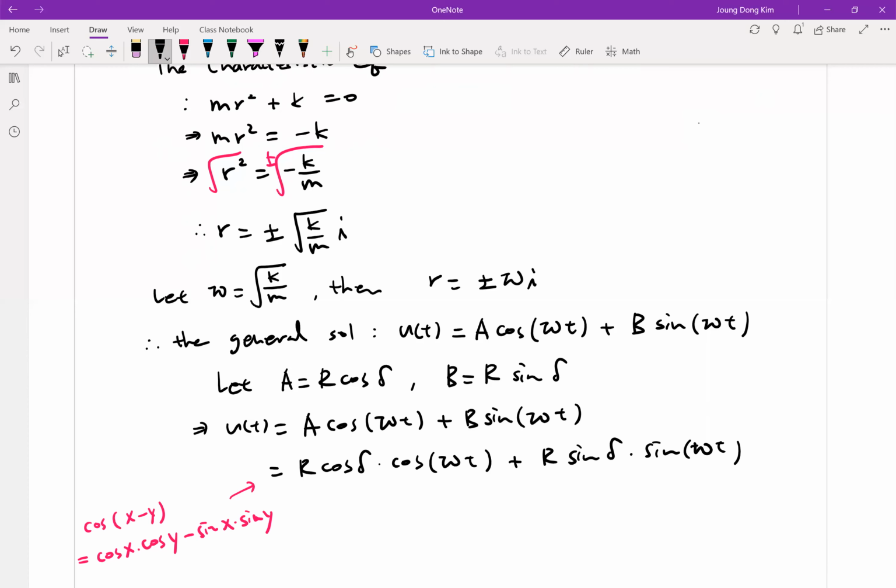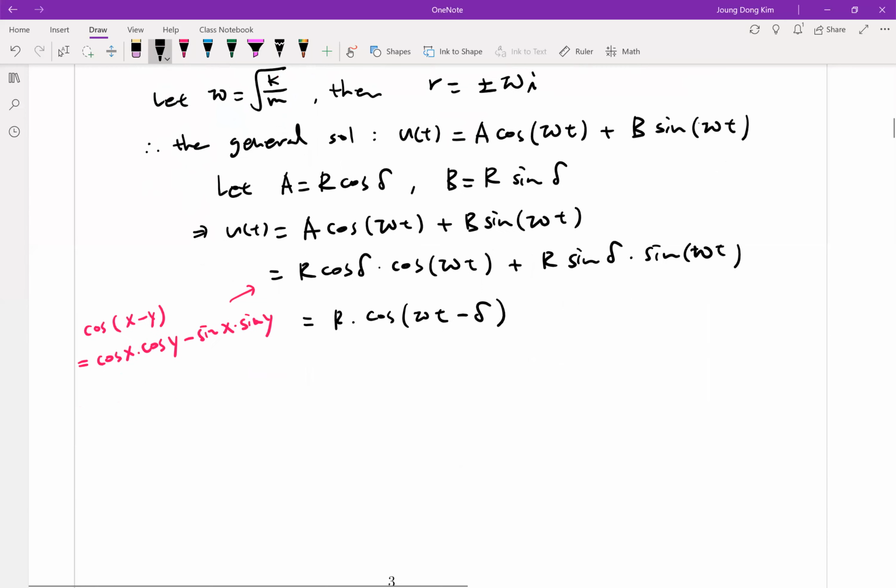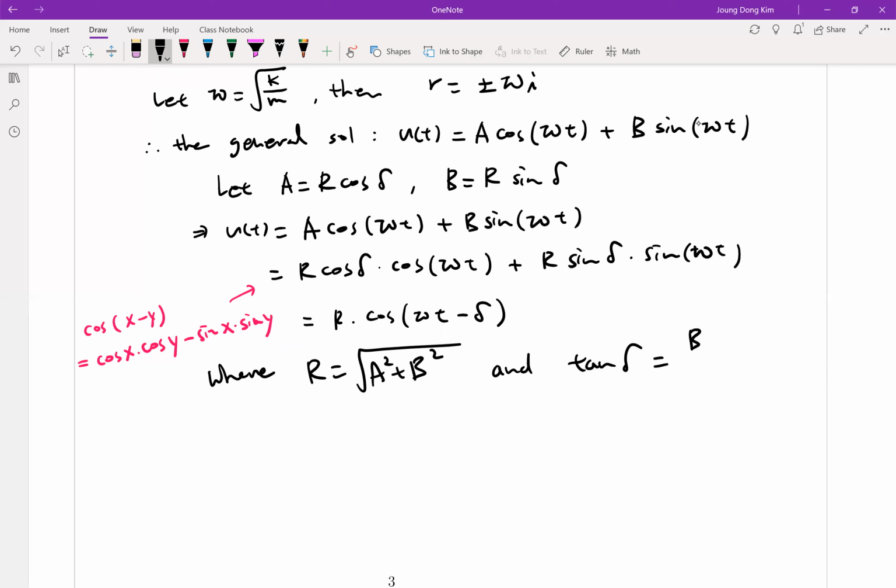When I apply this, it can be written as r times cosine of omega t minus delta, where r is the square root of a squared plus b squared, and tangent delta is equal to b over a.